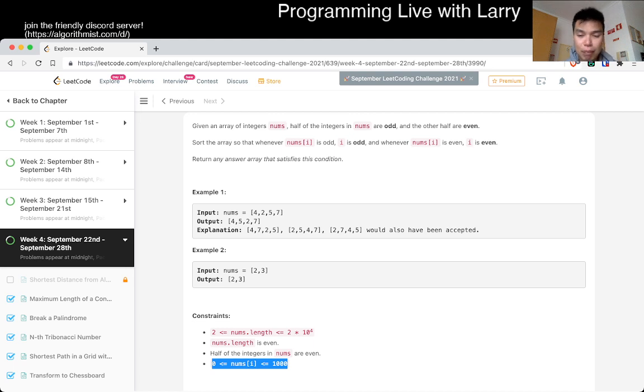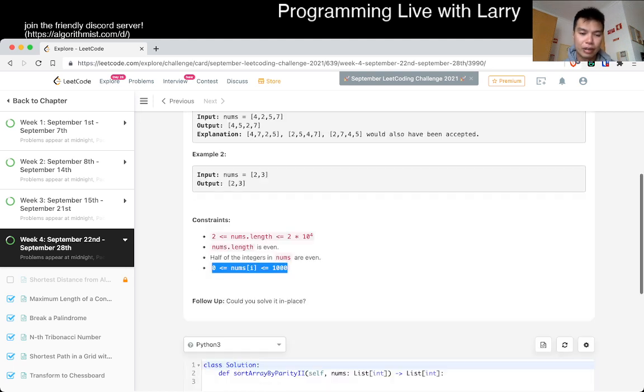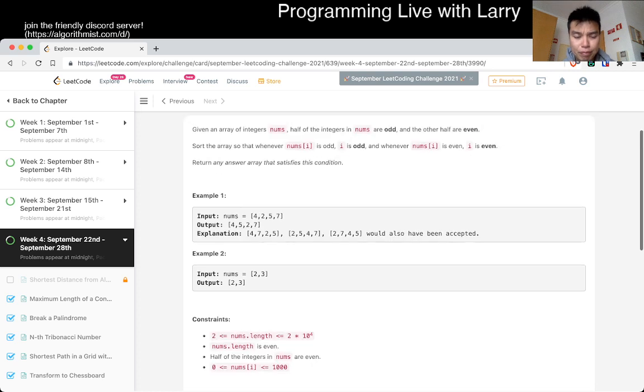You can also do it in place, which is what they ask you, of course, by just keeping track of, my guess is some variation of the two pointers algorithm, but instead of two pointers, maybe have four pointers or something like that. Maybe three.